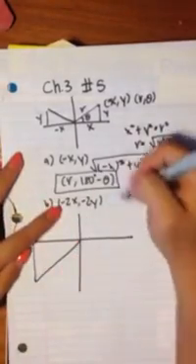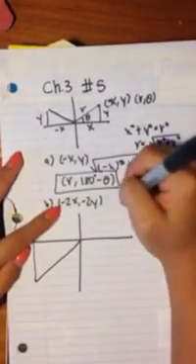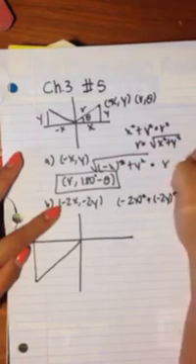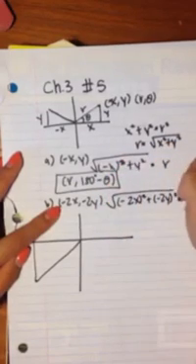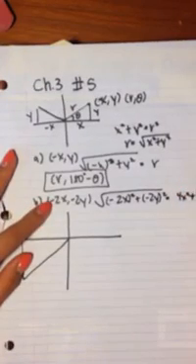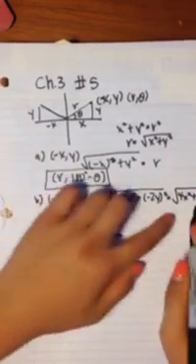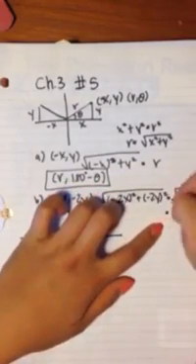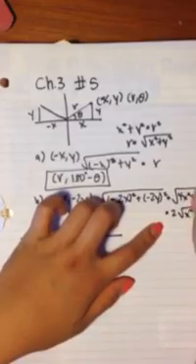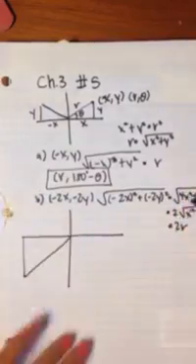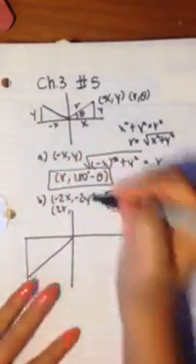I'm going to plug this into the Pythagorean theorem to get the distance, which is equal to the square root of 4x squared plus 4y squared. You can undistribute the 4 and take it out of the radical sign, so it'll equal 2 times the square root of x squared plus y squared. And we know that this right here equals r, so it equals 2r. So the distance is 2r.